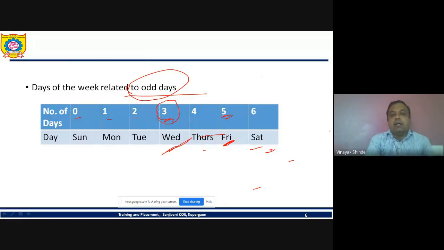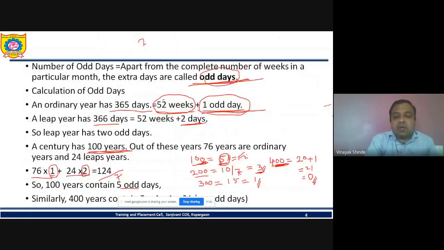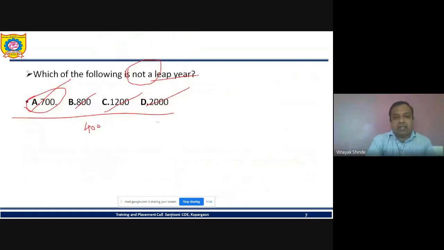It is a Wednesday. Means the last day of 200 years is a Wednesday. For 400 years, 0 odd days. What is the last day of 400 years? It is Sunday. So these are the days irrespective of the numbers, number of days and day.